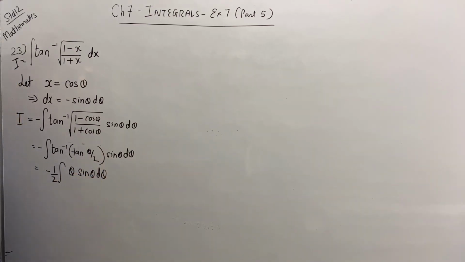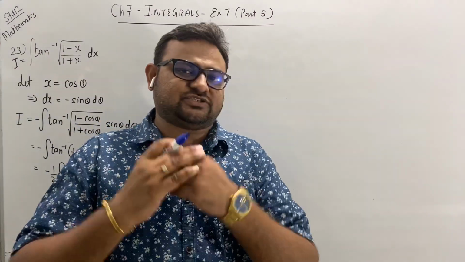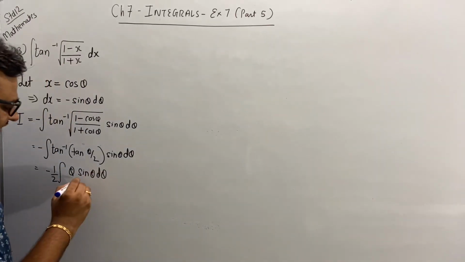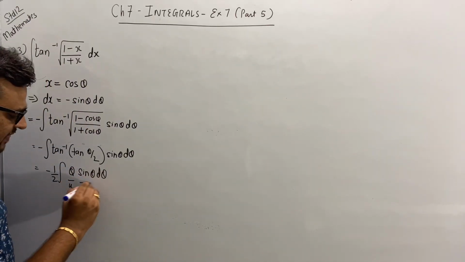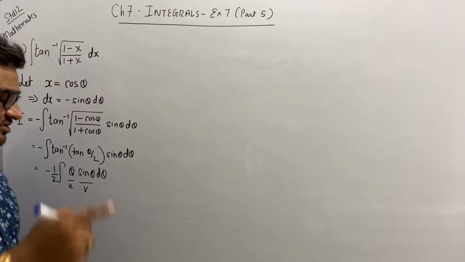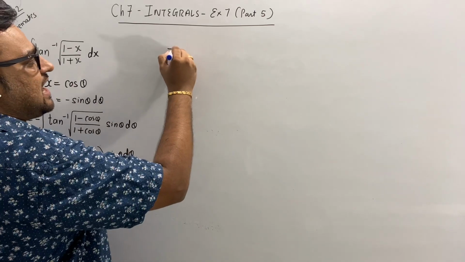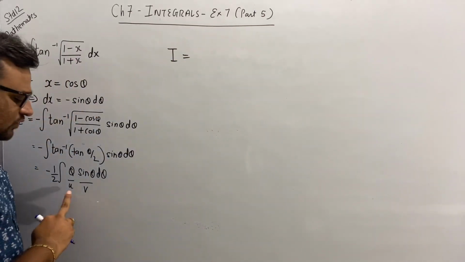Now we can solve it as integration by parts, uv. I will take this as u and this as v, following the order logarithmic, inverse, algebraic, trigonometric. Clear? So our I will be u as it is.